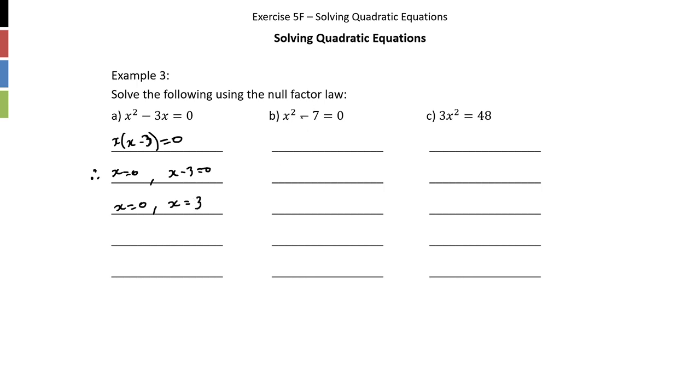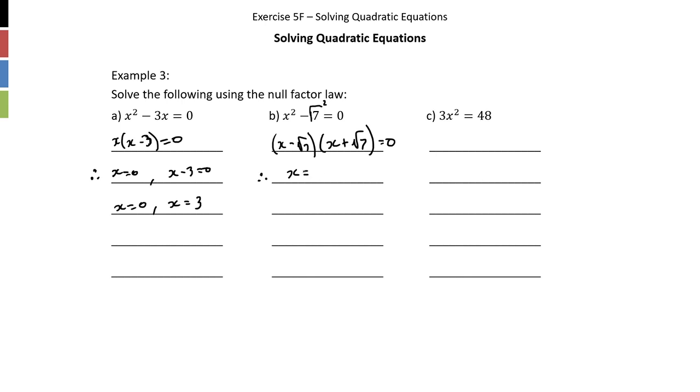Okay, this one, x squared minus 7. What does it look like? Well, we can change this into x squared minus the square root of 7 squared. We now have a square minus a square. We have a difference of perfect squares. So this turns into x minus the square root of 7 bracket x plus the square root of 7 equals 0.